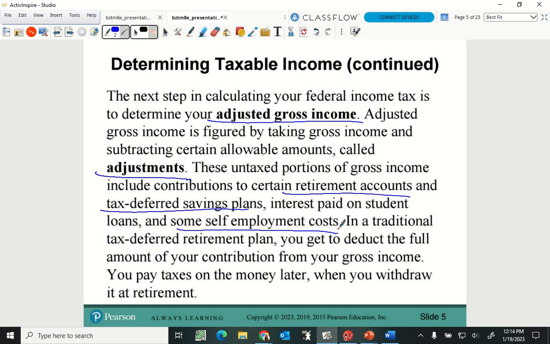We'll talk about that later when we go into compound interest. Is it a set interest rate? It depends. If you have a market or a CD, it depends. Everything depends on interest rates. So with this self-employment cost, when you pay taxes on the money later, it's when you draw it at retirement.